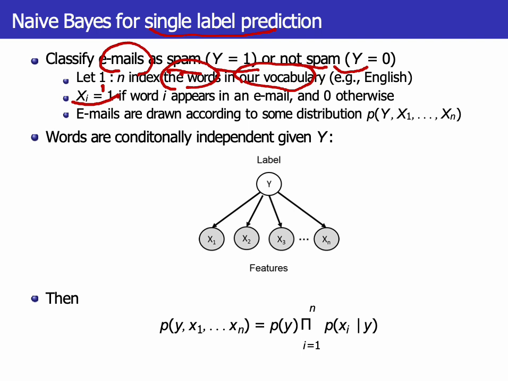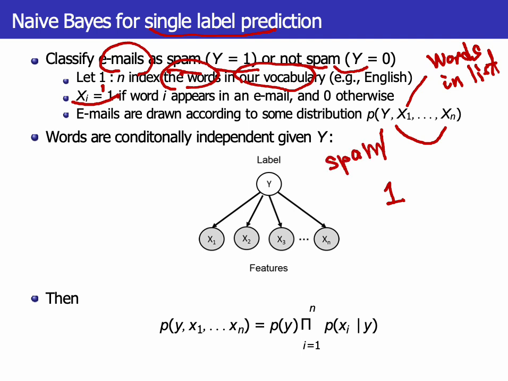And emails are drawn according to some distribution. So if you have x1, each is a certain word in the list. And if these words are in the list, you get y equals 1, the probability of spam.